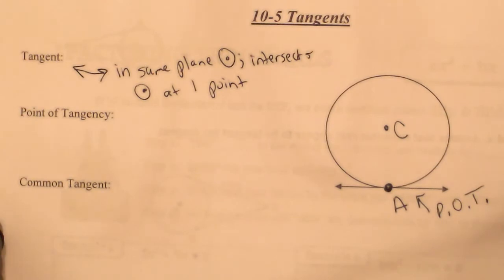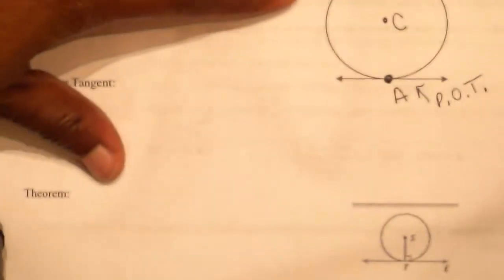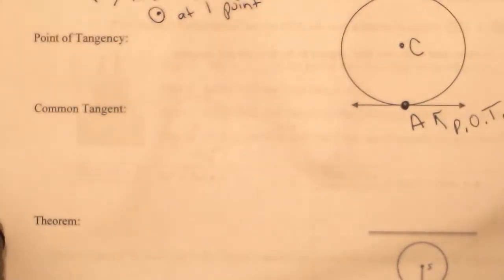A common tangent is a line, ray, or segment that is tangent to two circles. So they kind of have a tangent line in common.